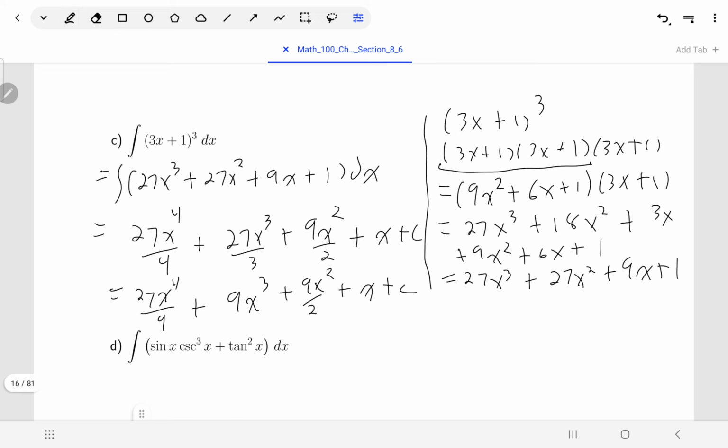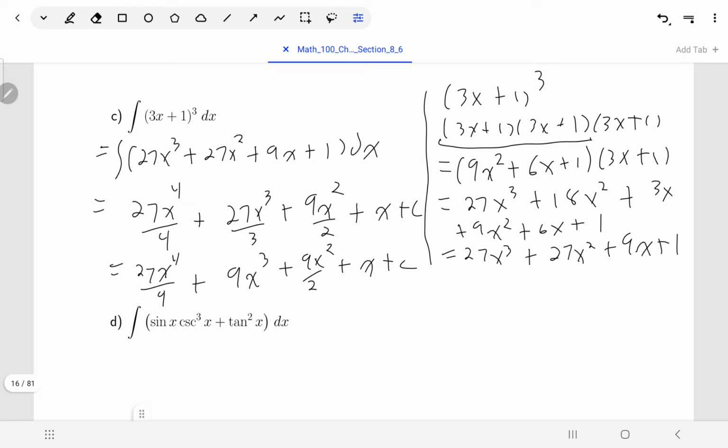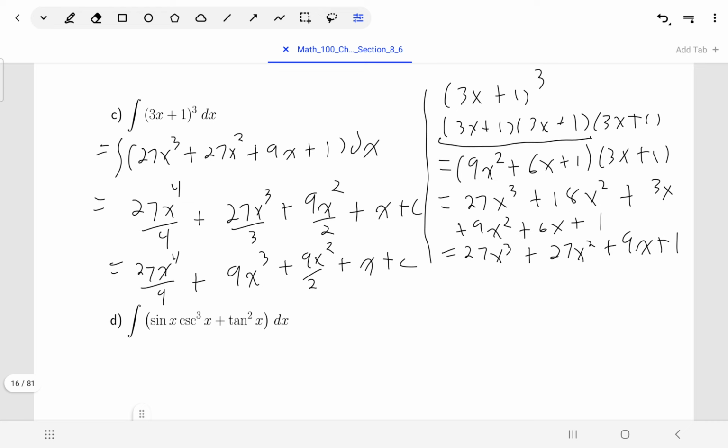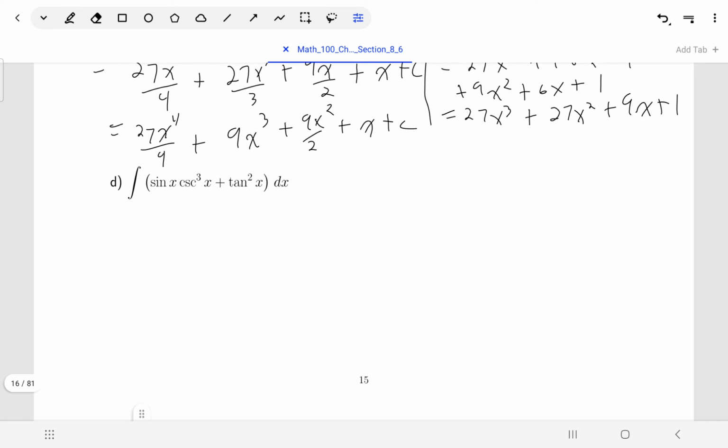All right. Now, of course, we've dealt with all sorts of polynomial stuff and rational functions, but for trig functions, maybe it's not manipulating things algebraically. Maybe it's using some sort of a trig identity. So right now, if I'm looking at this, I can see a couple of things that are problematic. Number one, I have no idea what to do with a cosecant cubed.